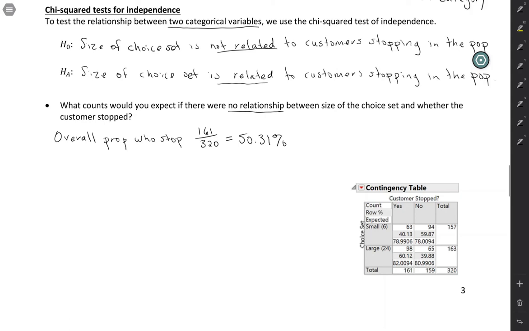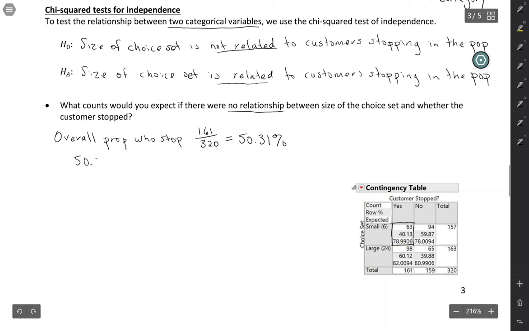And you would expect that that would apply to both of your groups, right? So let's say that we wanted to look at the proportion who stopped in the small choice set group. Okay, so we would expect that out of those 157, about half of them would stop, right?